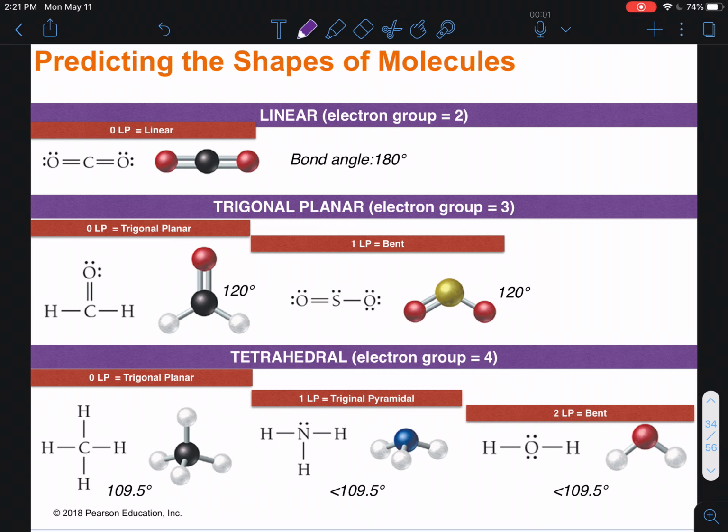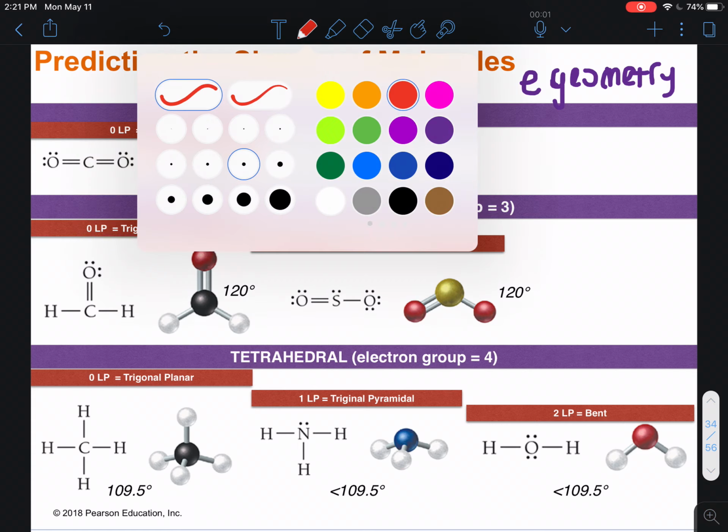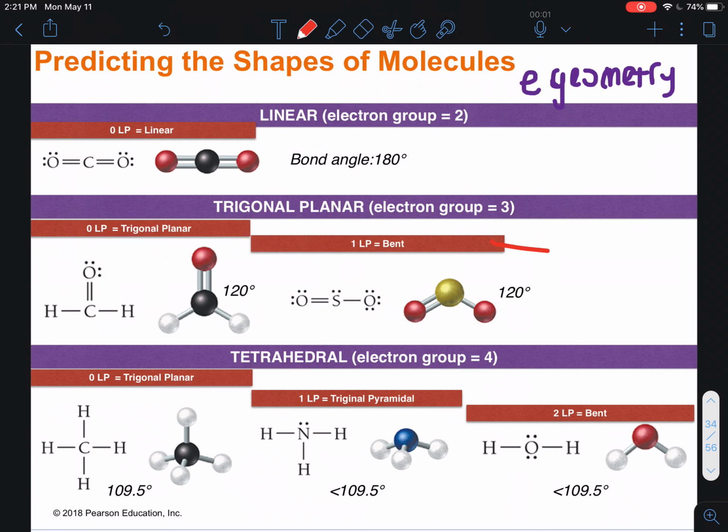Okay, so just go ahead and say really fast: everything in the purple is electron geometry. Everything in the red is a subset, a subcategory of electron geometry, and that's the molecular geometry.